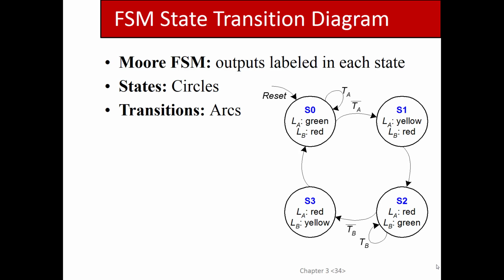Now, you might say, wait a second, why does it take a clock cycle to do that? Only because each row of this table, in order for the next state to take effect, to become the current state, it takes a cycle, right?